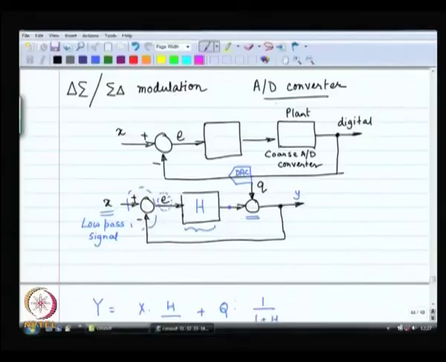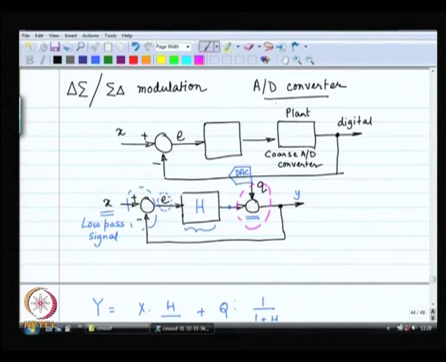So, this is our plan, and why did we put this high frequency business at all? We could have made the loop gain high at all frequencies. Would that be good? No, that can't possibly be, because this quantization noise has to go somewhere. Our plant, unlike other plants, is a plant that adds noise.